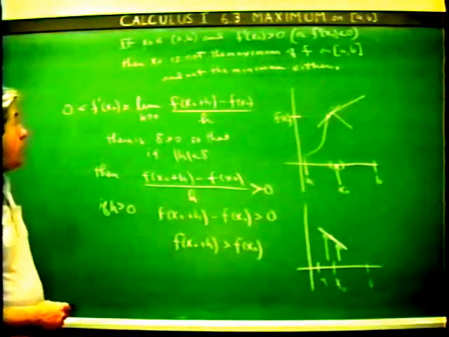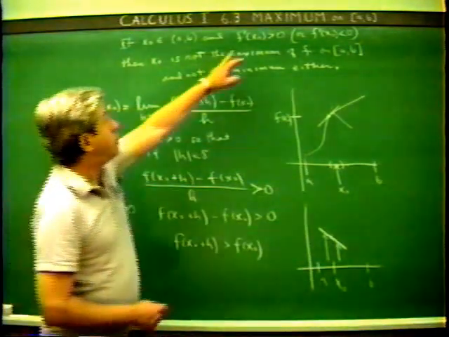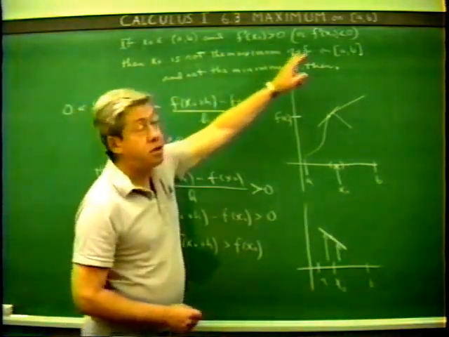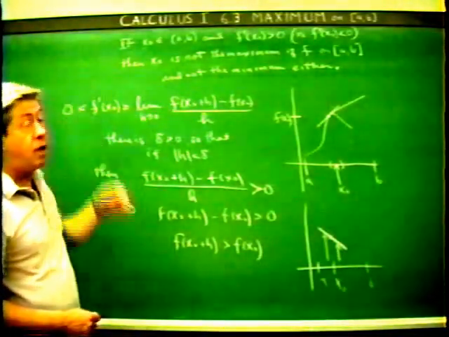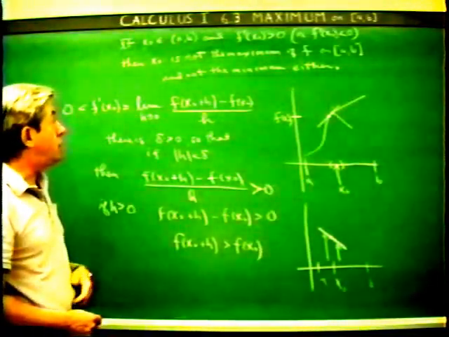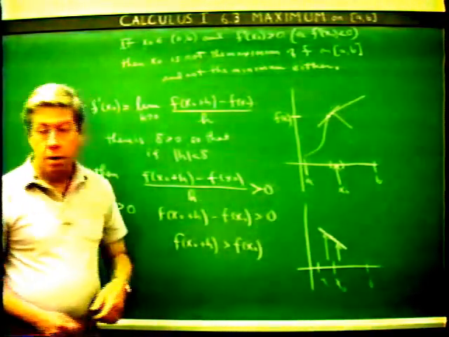And so consequently, the function cannot take on its maximum or minimum at any point in the interval where the derivative exists and is either larger or less than 0. That's to say, if it does take on its maximum or minimum at a point where the derivative exists, the derivative has to be equal to 0.